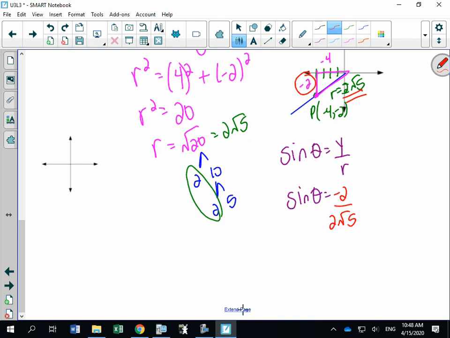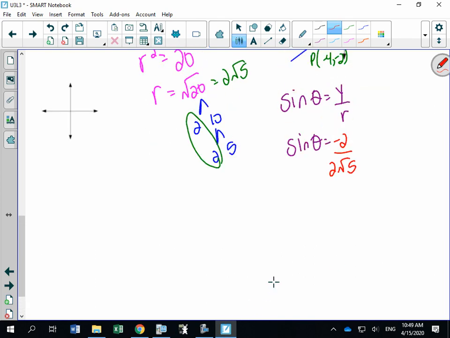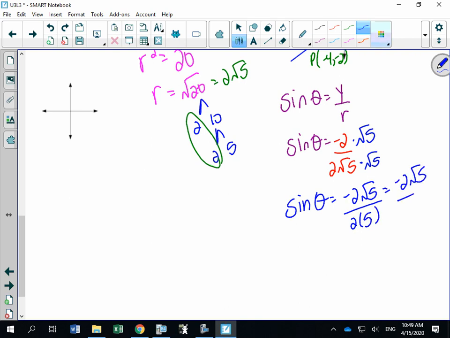Then we rationalize this, so multiply by root 5 over root 5. The sine of theta is equal to negative 2 root 5 over 2 times 5, which is negative 2 root 5 over 10.